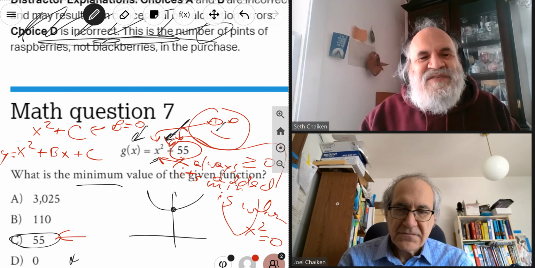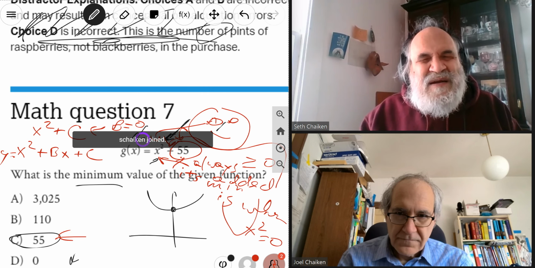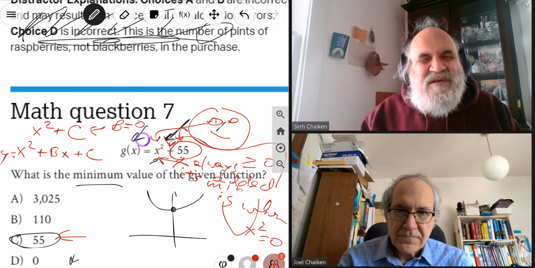Indeed, when you make x equal to 0, we have b times x. And if x gets a little bit bigger, the bx is either negative if b is negative or positive if b is positive.